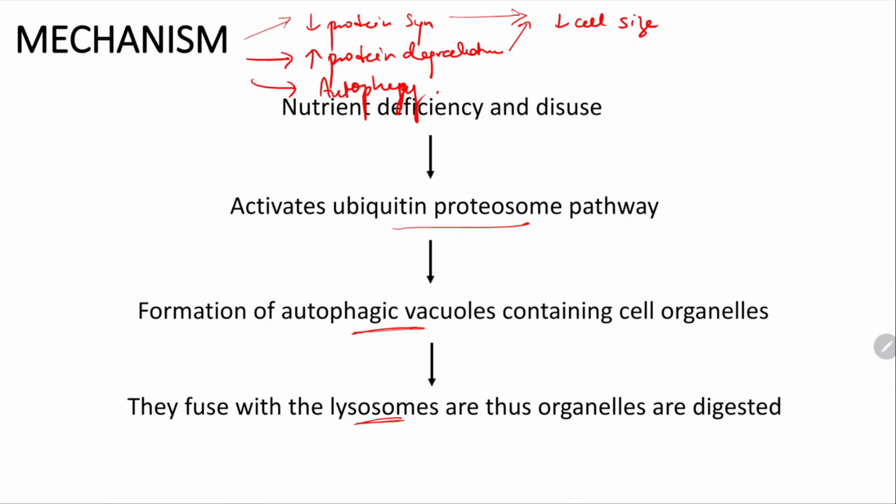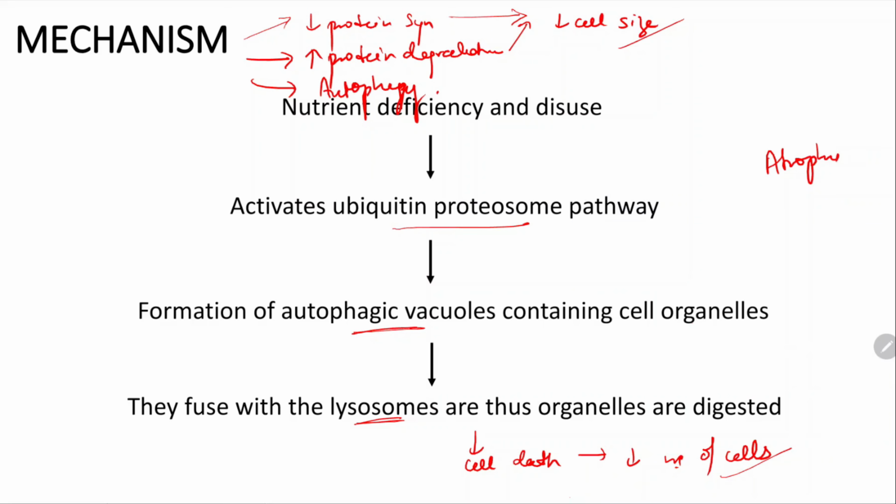And within these autophagolysosomes, the enzymes present within the lysosomes will degrade the cell organelles, thereby causing cell death. Because of the cell death, there will be reduction in the number of the cells. Since there is both a decrease in the cell size and a decrease in the number of the cells, atrophy is caused.